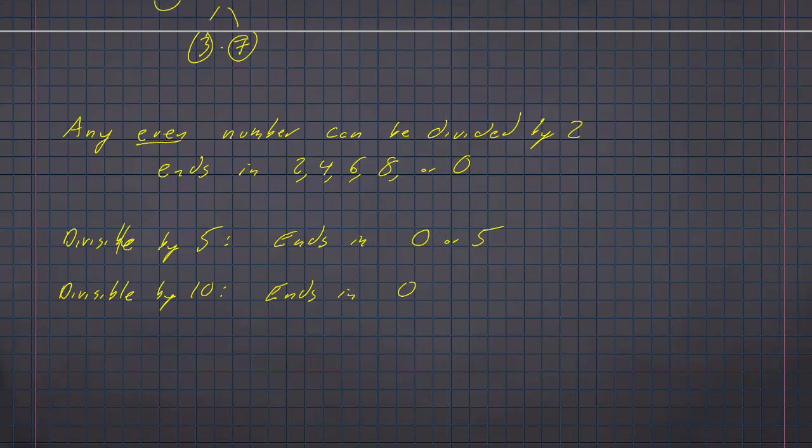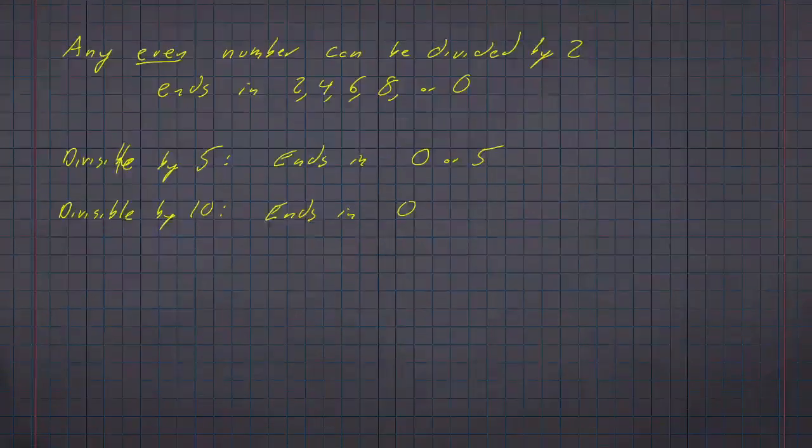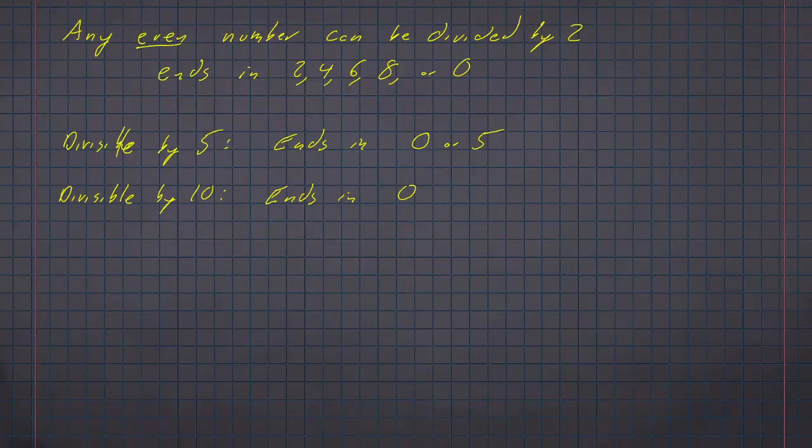There are divisibility rules for other numbers that are a little bit more complicated. One of the key rules that you should know offhand is when a number is divisible by 3.